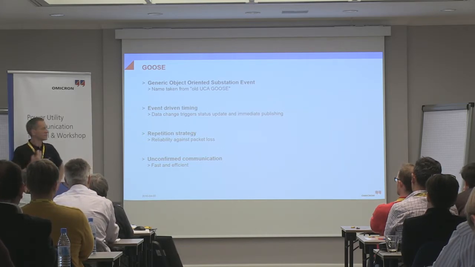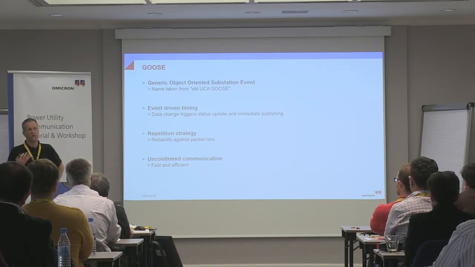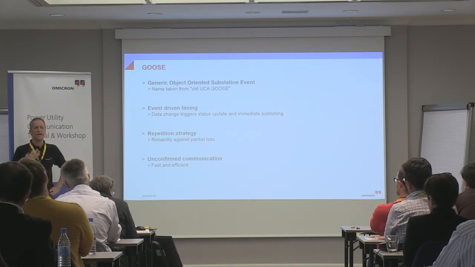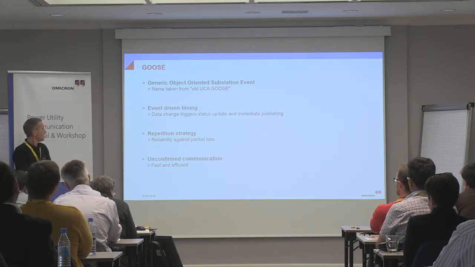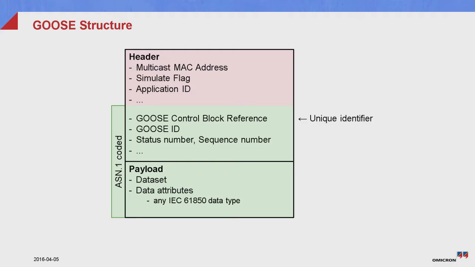We repeat that information because it is an unconfirmed communication, and just to care for the nowadays very unlikely case that a packet is lost, the packets are repeated. We will see that later on.